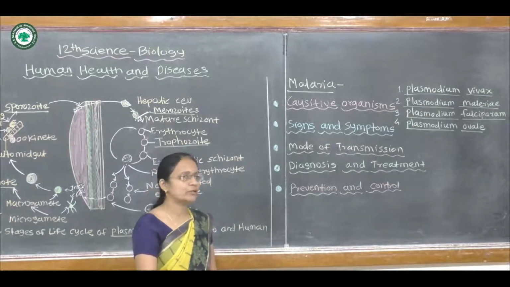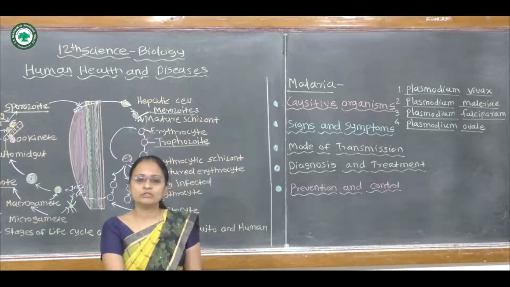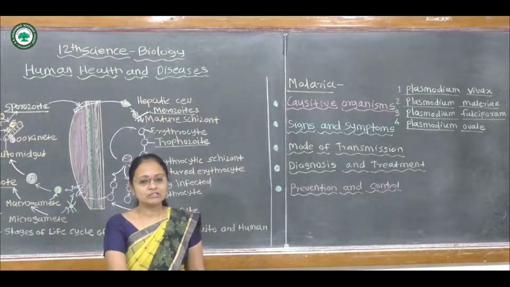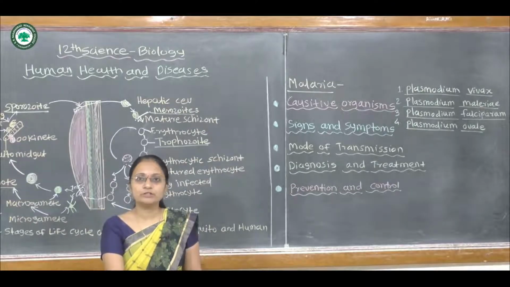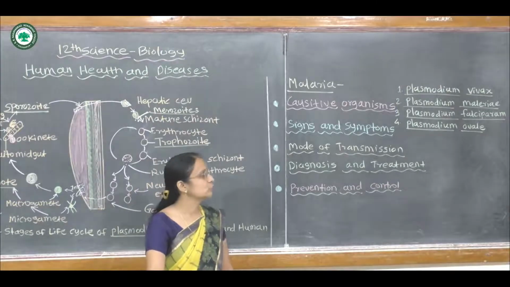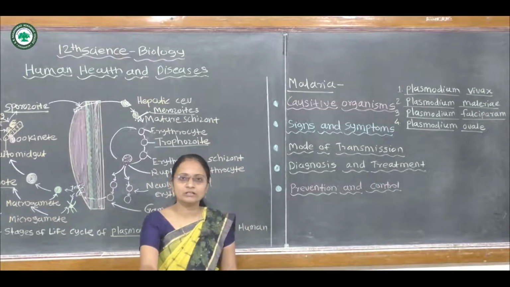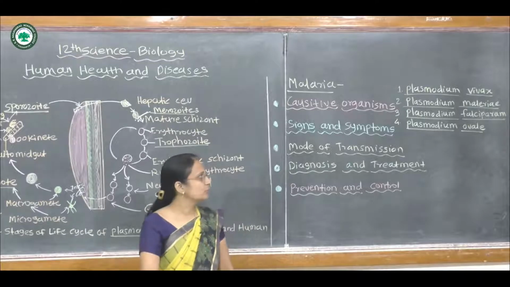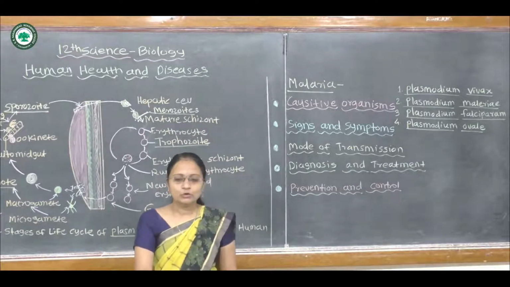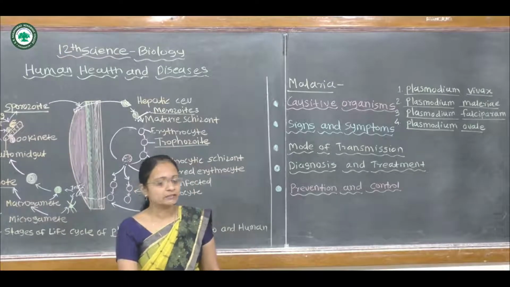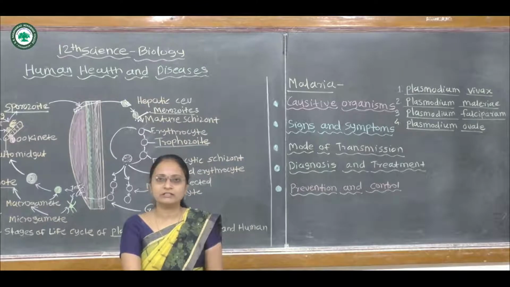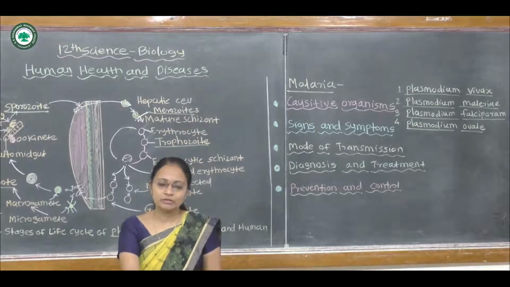Plasmodium malariae has an incubation period of 28 days. It may cause fever 72 hours after infection, and Plasmodium vivax shows infection after 48 hours. Plasmodium ovale has an incubation period of 12 days, and Plasmodium falciparum shows 12 days and 17 days respectively.